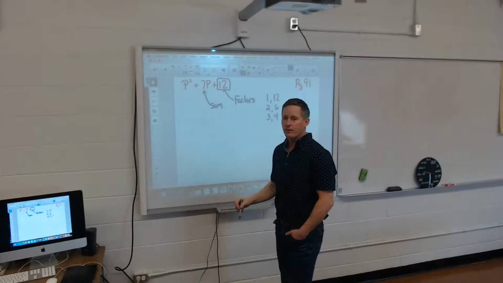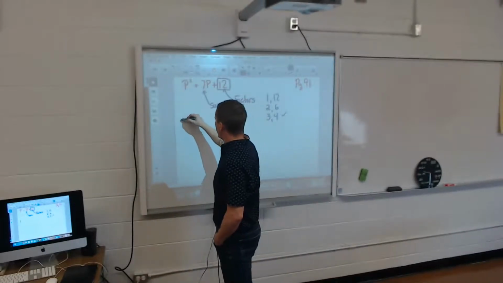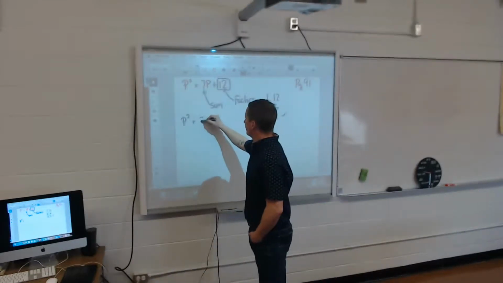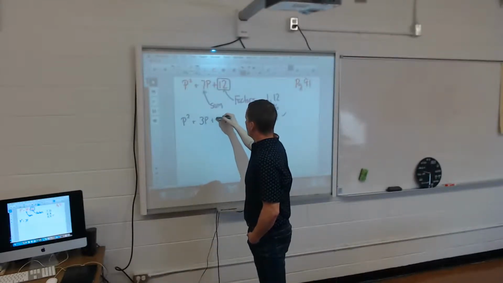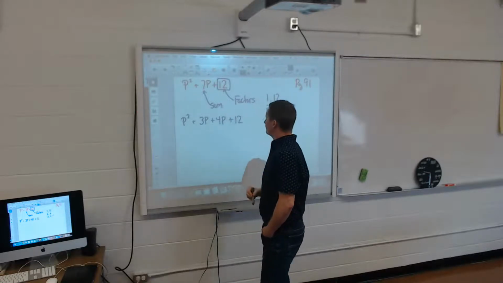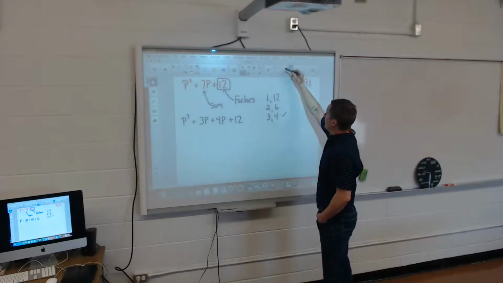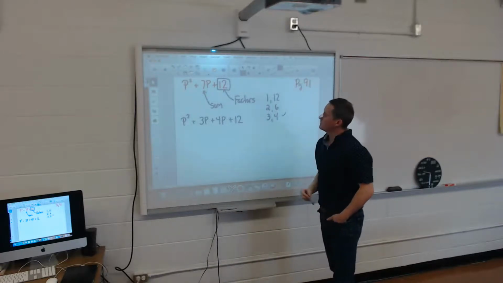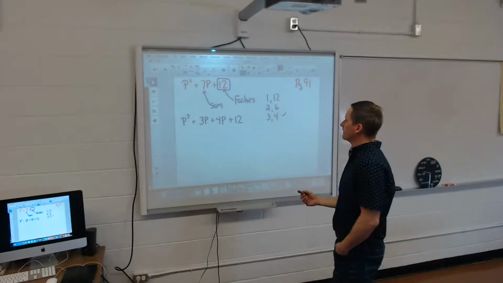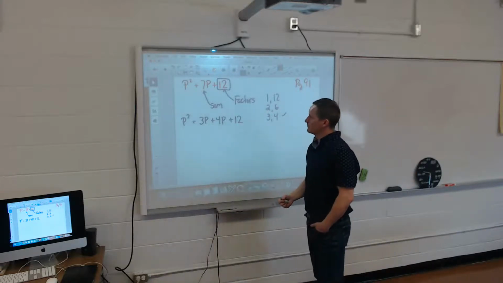So now I'm going to rewrite those in. Instead of writing 7p, I'm going to write 3p plus 4p plus 12. Okay? Again, this is going to be a longer version of what I think you should do with this, but it's a version that works fairly well.